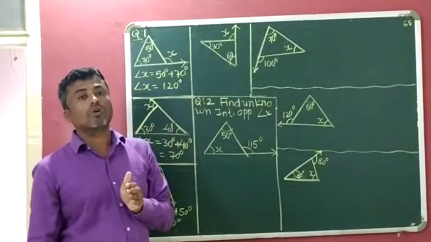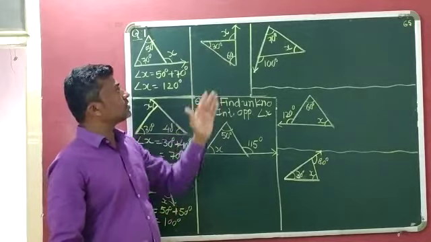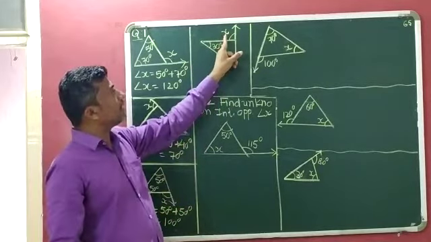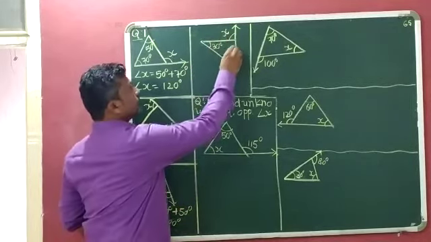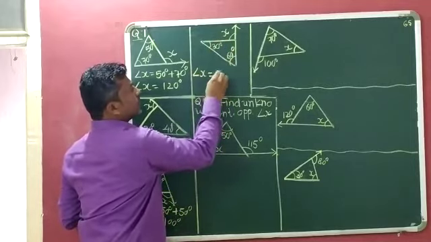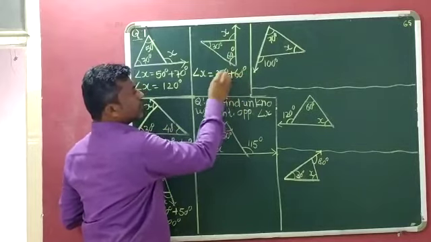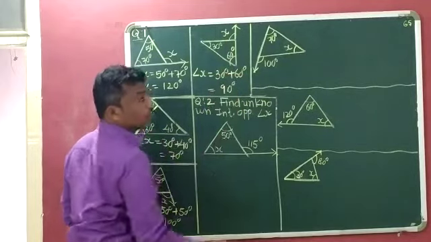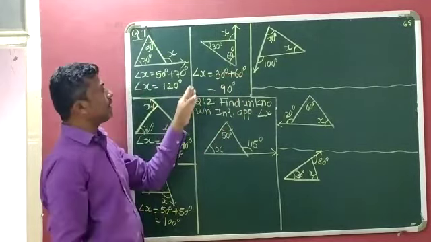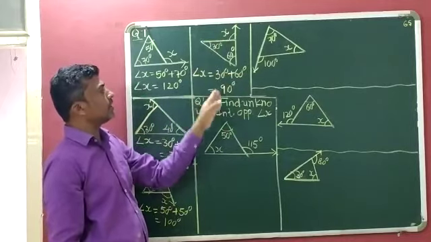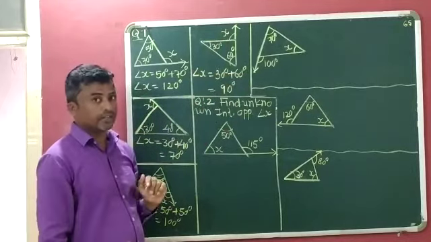So we will do the sum of both 30 degree and 60 degree and we can identify exterior angle x. So angle x is equal to 30 degree plus 60 degree. 60 degree plus 30 degree is equal to 90 degree. So our final answer, exterior angle x is equal to 90 degree.